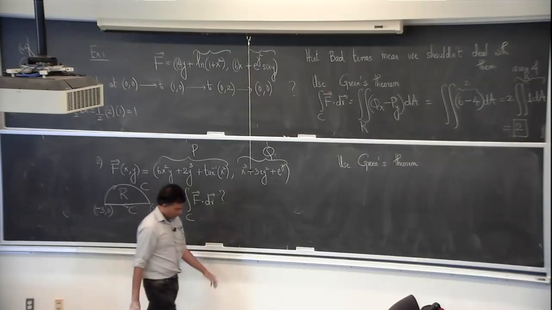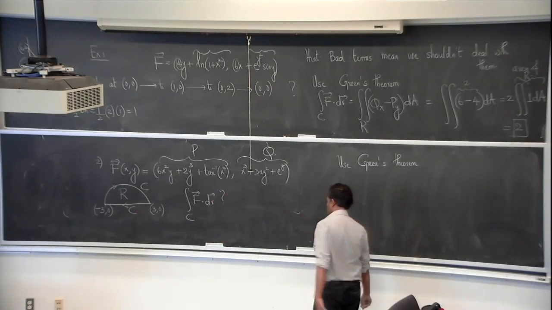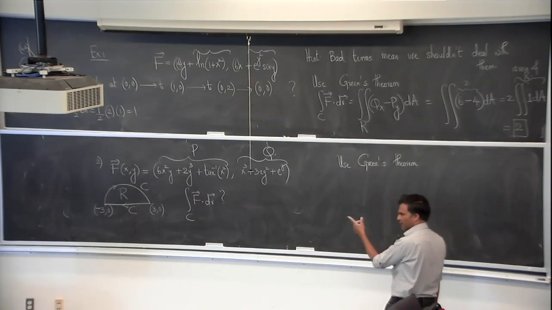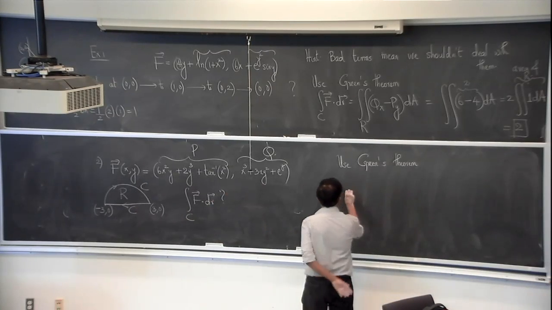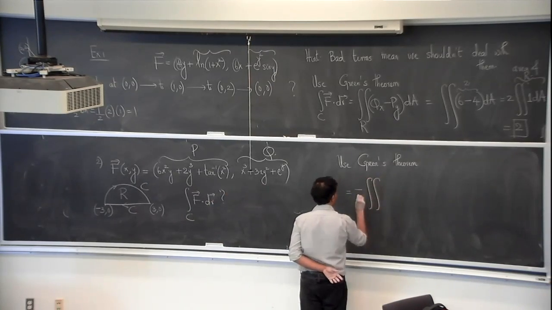So we could use Green's theorem because it's closed in that semicircle. Just don't forget it's a clockwise oriented curve. It's negative for clockwise.